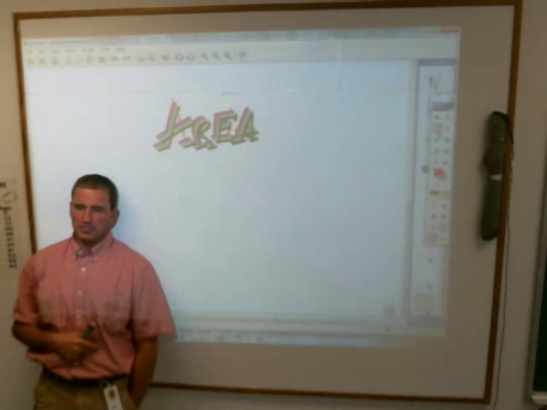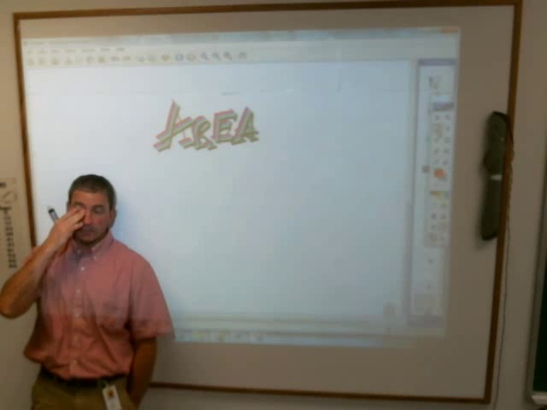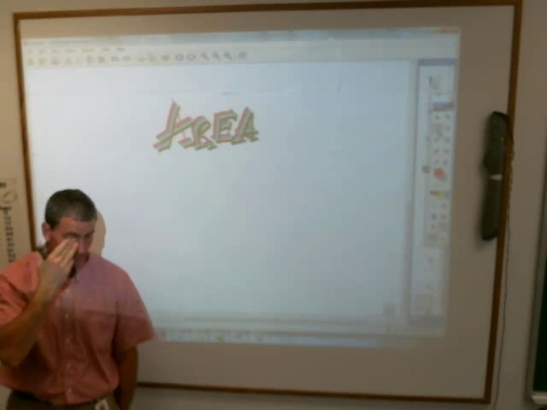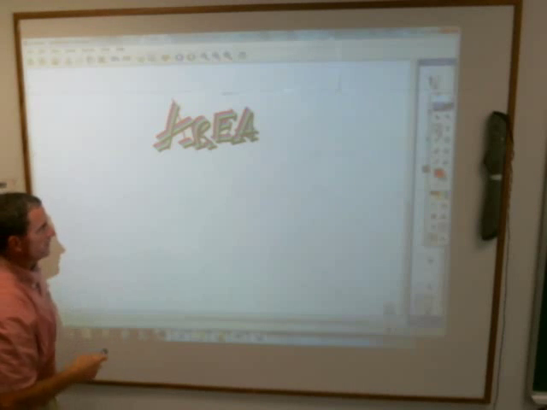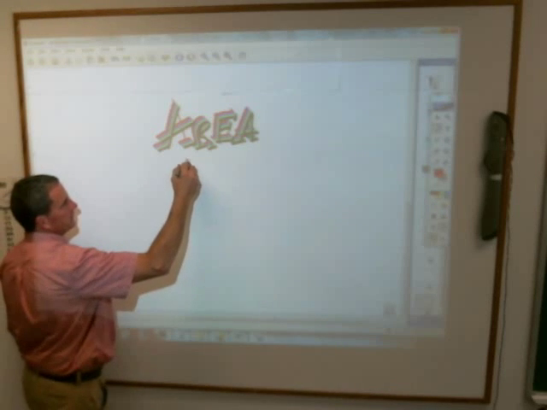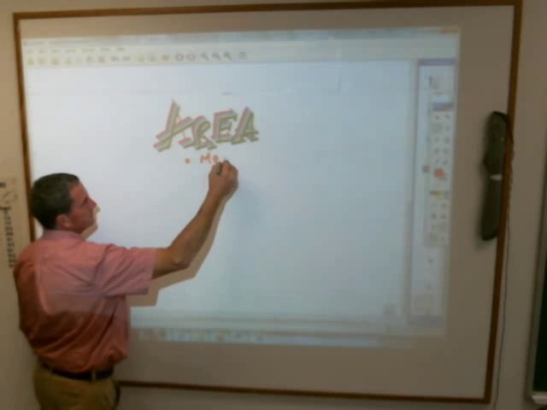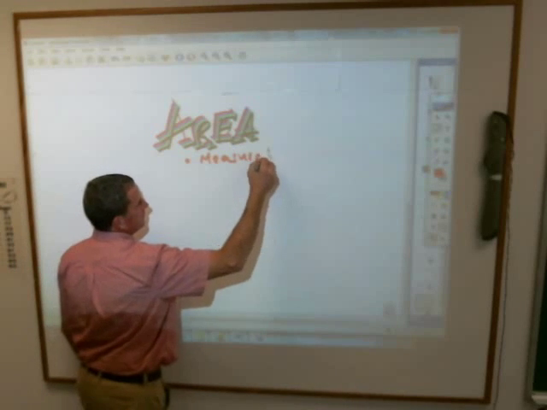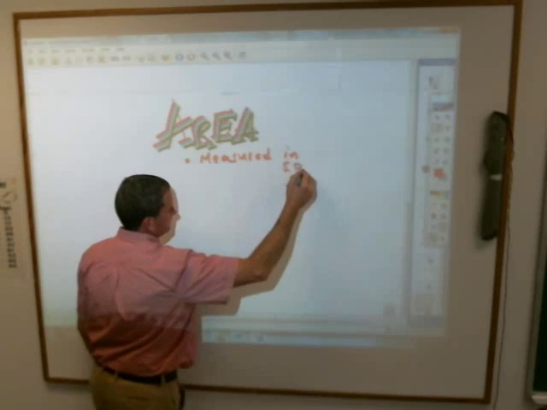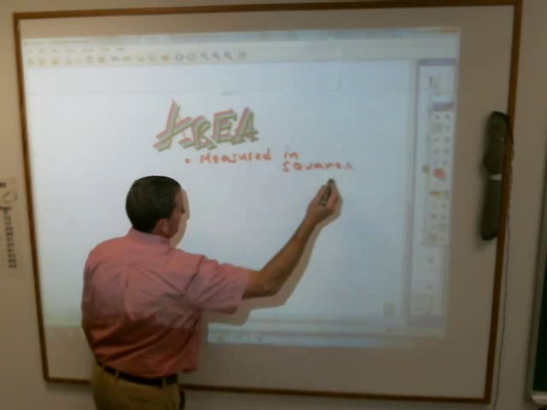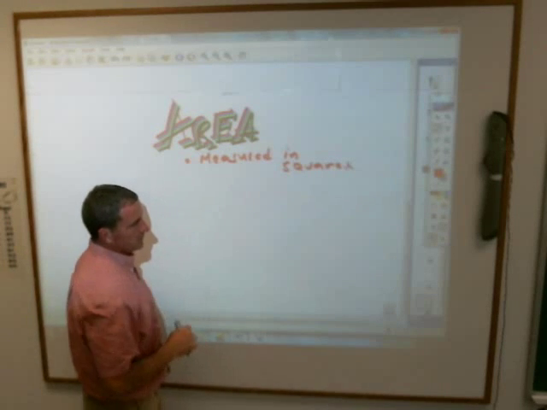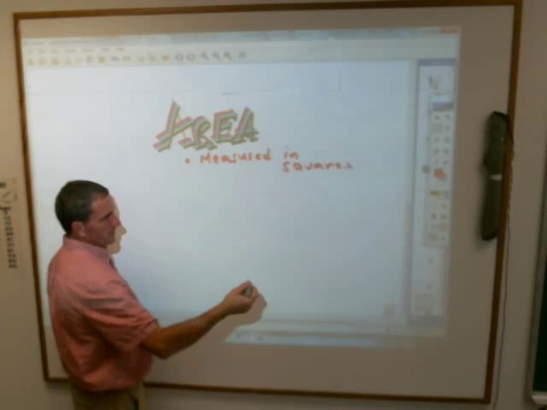Area is measured in what? Danny? The basic unit of area is a, Elijah? Oh, square, yeah. Area is measured in squares. And those squares are all relative, which means this.